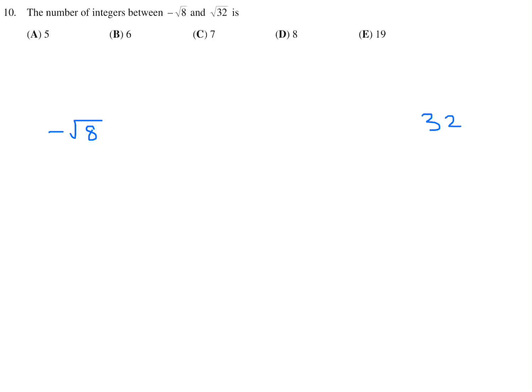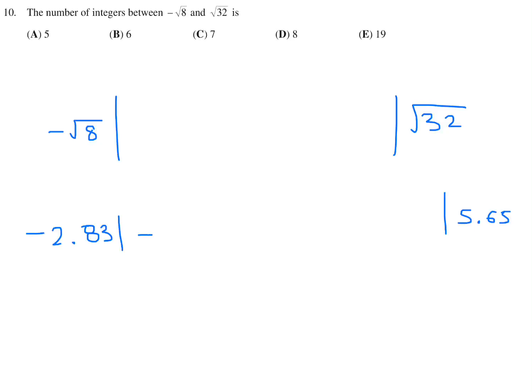The number of integers between negative root 8 and root 32. So negative root 8 and root 32, how many integers? So what is the root of 8 multiplied by a negative? It's negative 2.83.